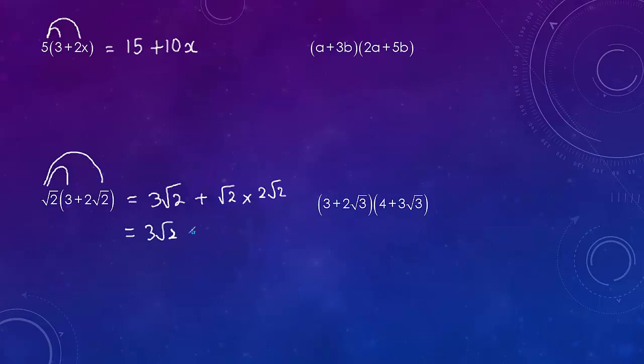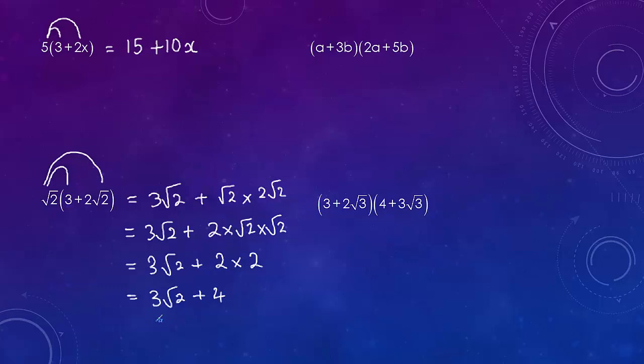So that's 3 root 2, but this can be simplified here. 2 root 2, remember, means 2 multiplied by root 2, and then we're multiplying that by root 2. So that's 3 root 2, add 2 multiplied by root 2 multiplied by root 2 is 2. That's the very definition of a square root. So we get 3 root 2, add 4.